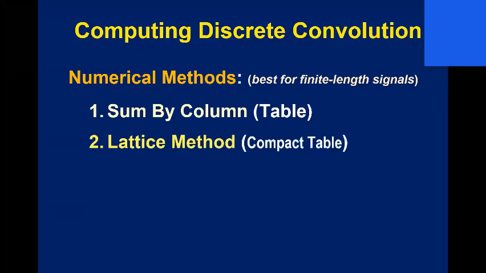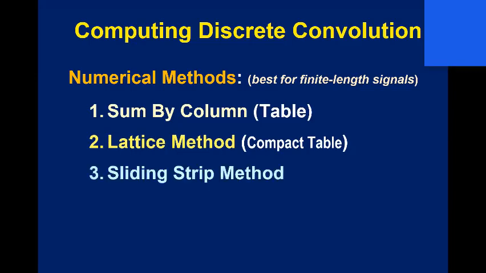It has an offshoot called the lattice method, which is just a more compact way to do the same operations implied by the sum by column method. And then there's another method that interprets the convolution sum slightly differently from a more mathematical standpoint. That method is called the sliding strip method, or the flip and shift method. That's the one shown in the free textbook that we have for the course.